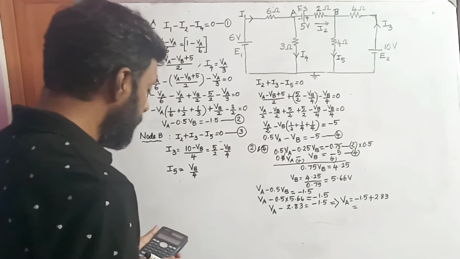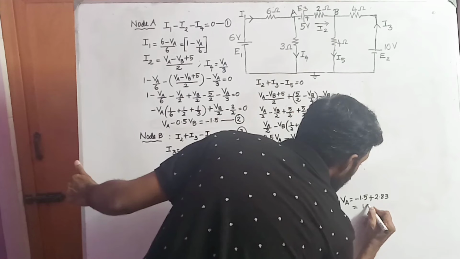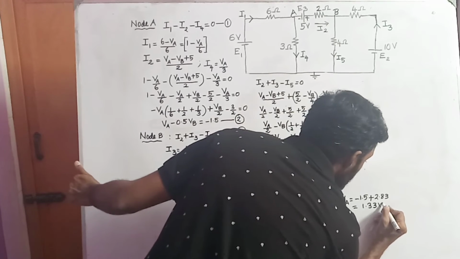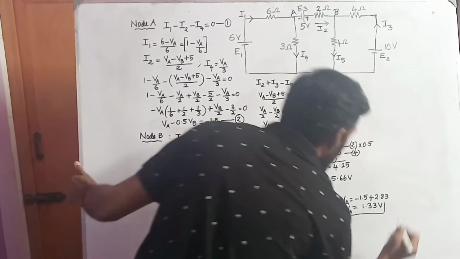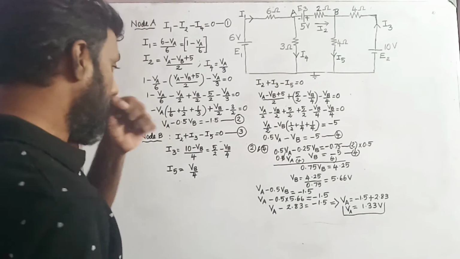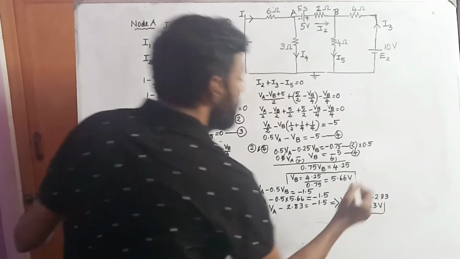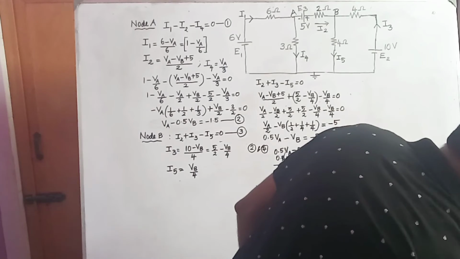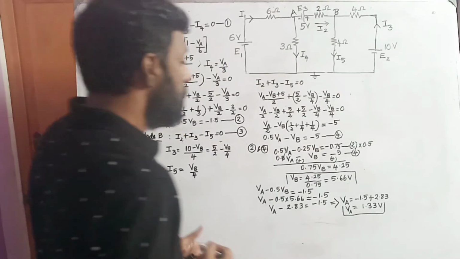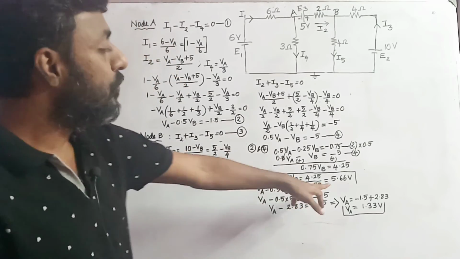You get 1.33 volts as VA. So VA is 1.33 volts and VB is 5.66 volts. You have got the value of VA as well as VB.